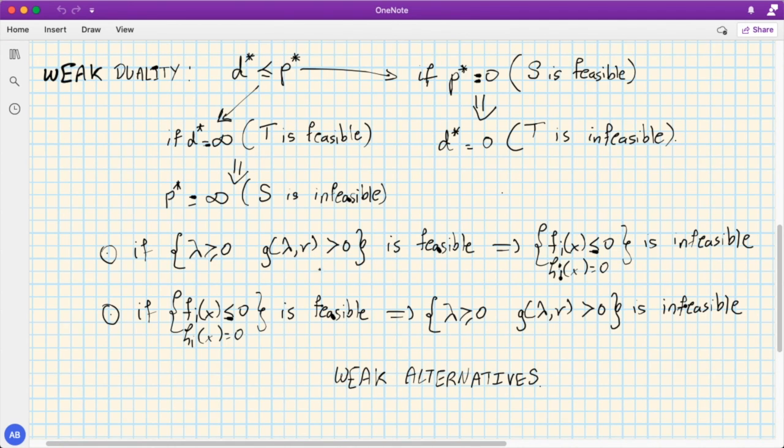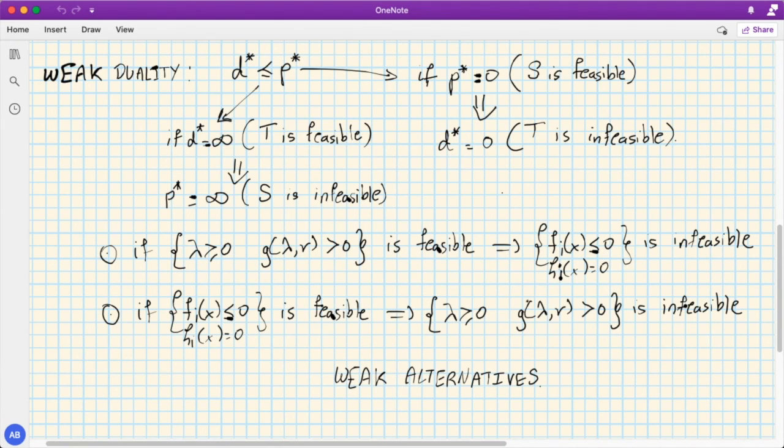You found the lambda and nu such that T is feasible. The motivation again is that this set is easier to compute numerically. So if you were able to find a lambda and nu that satisfy T, then you could be assured that there is no x that could satisfy S, and vice versa.